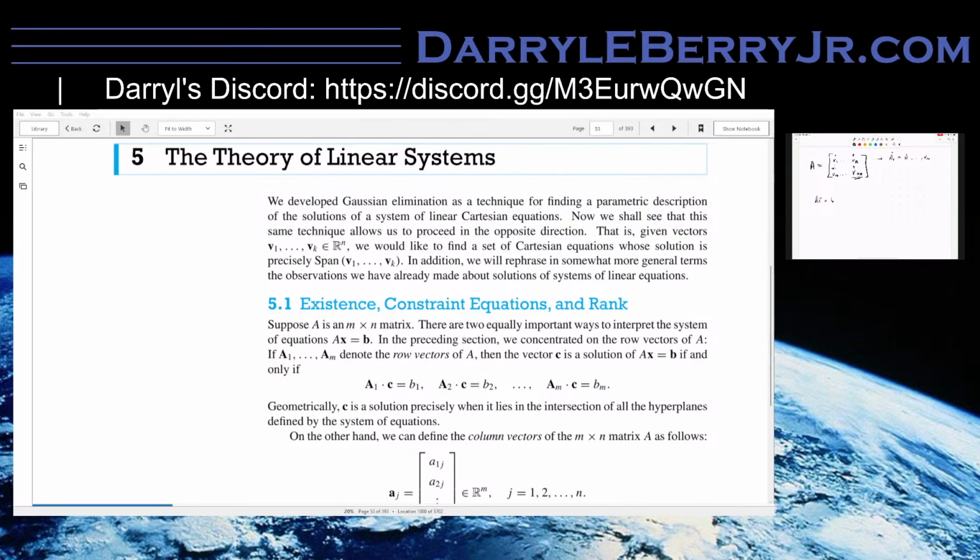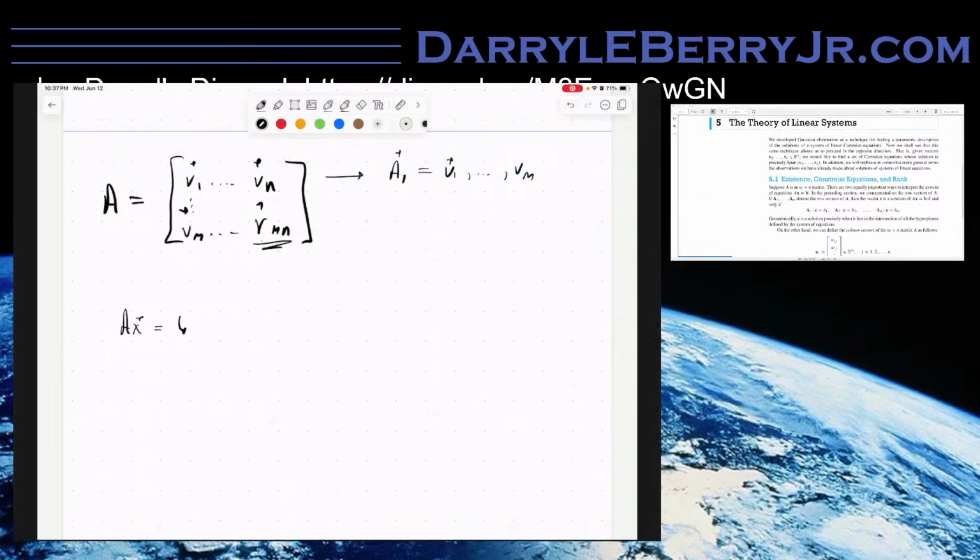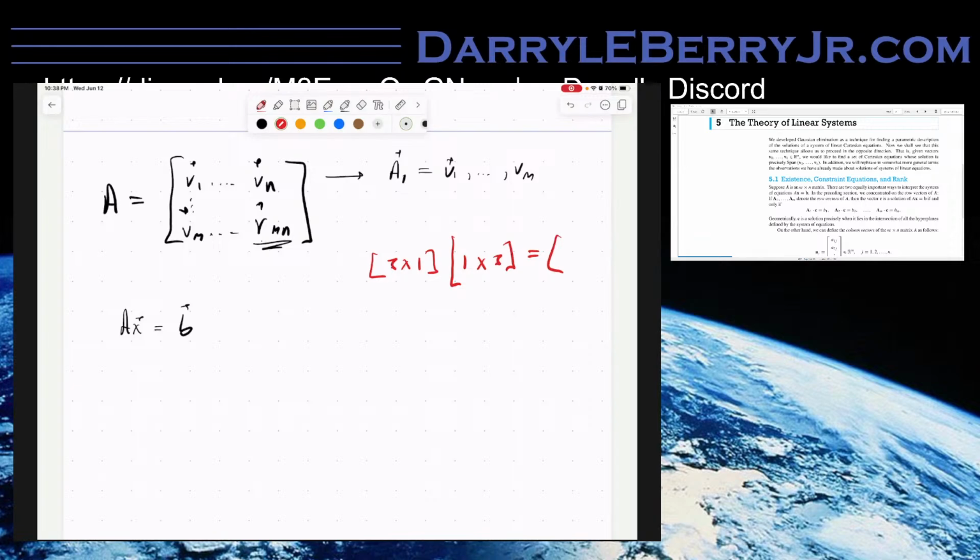So I'll show this more closely. B is a vector as well. As an aside, we have a matrix, let's say a 3 by 1. Then we have to multiply it by, for instance, a 1 by 3, which will work. And the result would end up being a 3 by 3.